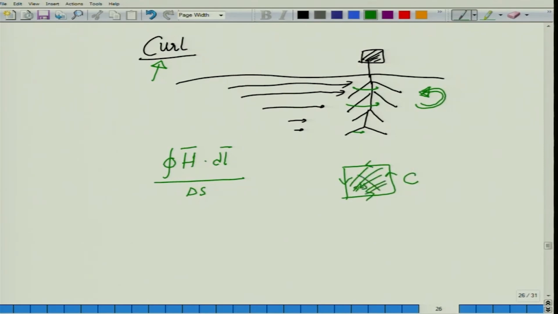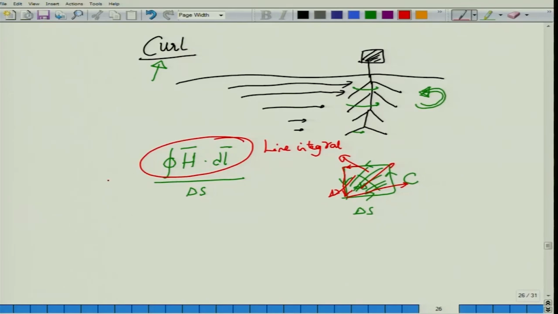The open surface will be the one which has an infinitesimal area of delta S, and if I have a vector field that would be changing over this particular loop in an arbitrary manner, then what I am trying to find out is the dot product of this vector field over the contour. So this numerator is what we call a line integral. So this is an example of a line integral. You will actually see these integrals and other quantities in the textbook or in the problems that we are going to discuss.